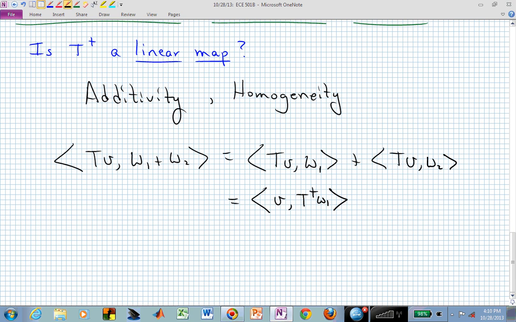Is that okay? That's just the definition of the adjoint. If we do the same thing, this is now V, the adjoint of T, W2. But now we can play with the additivity in the second slot again. And that's now V, T dagger W1 plus T dagger W2.